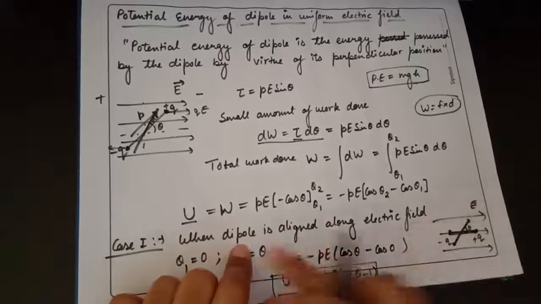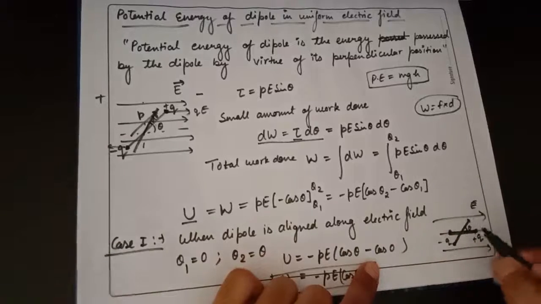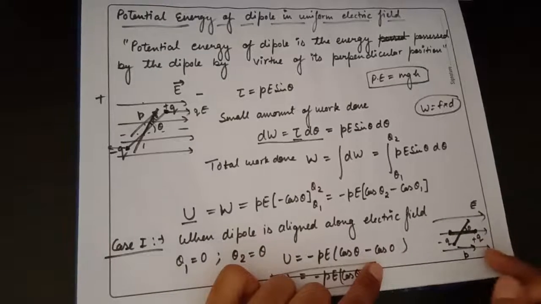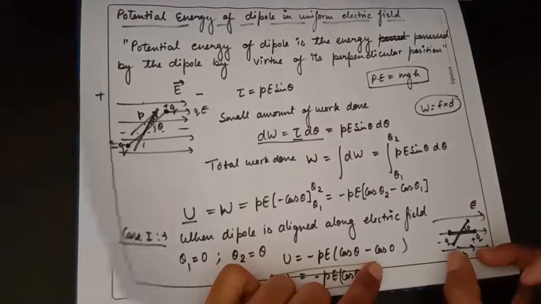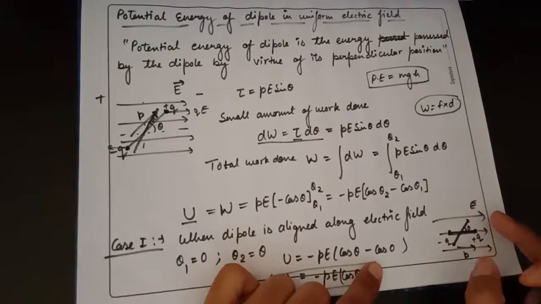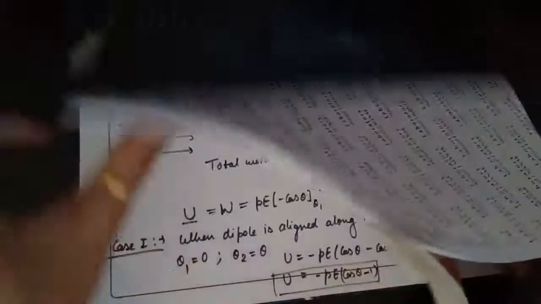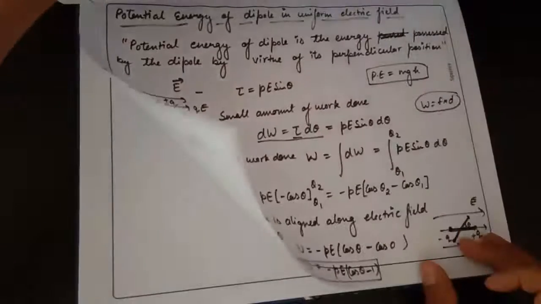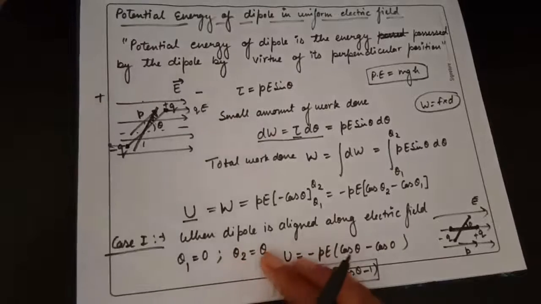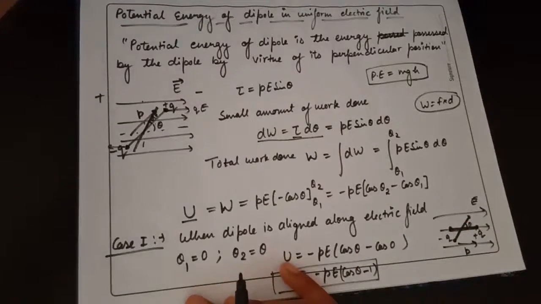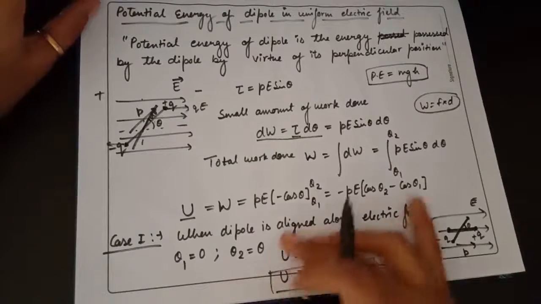First case is when the dipole is aligned along the electric field, meaning the direction of the dipole and the electric field is the same. This is the direction of p. This dotted line is the initial position. So this is the direction of p and this is the direction of the electric field. These two are in the same direction. So initially the angle will be 0, and if I want to rotate it to some angle theta 2, which will be written as theta, then U becomes minus pE times cos theta minus cos 0.